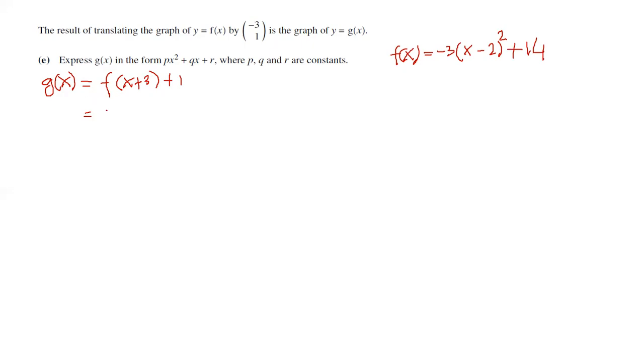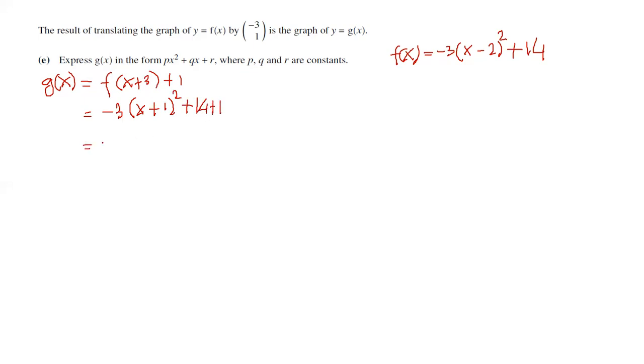So f(x plus 3) becomes -3 times (x plus 3 minus 2), which is (x plus 1), squared plus 14, plus 1.